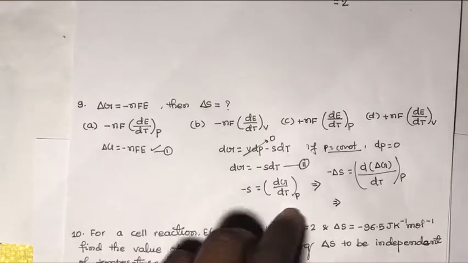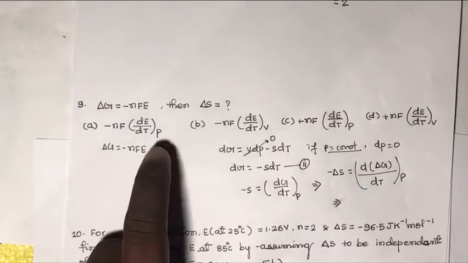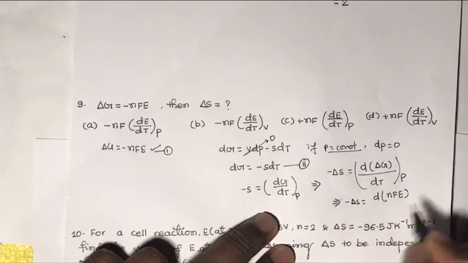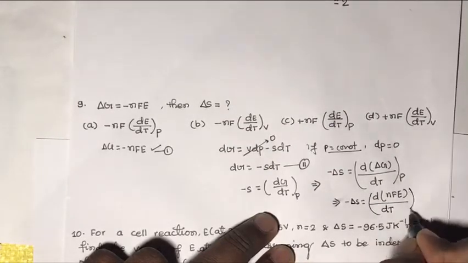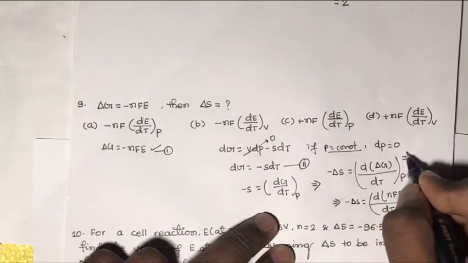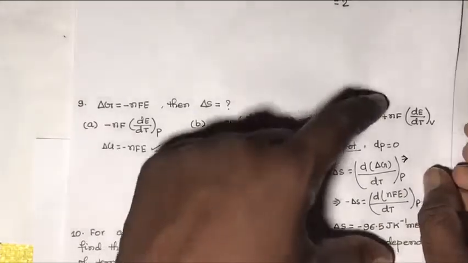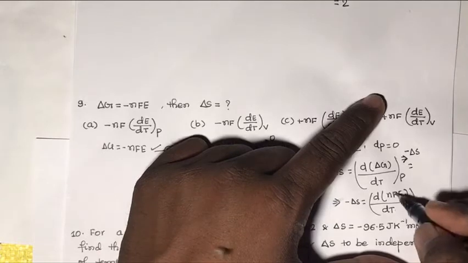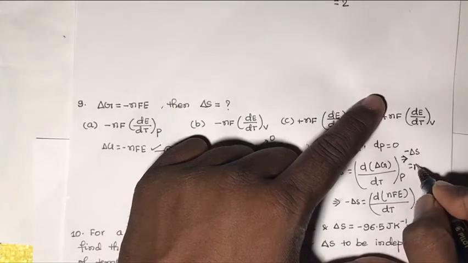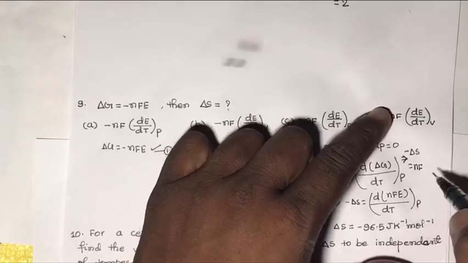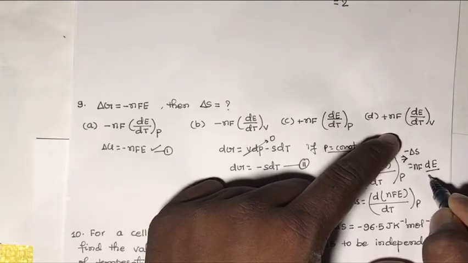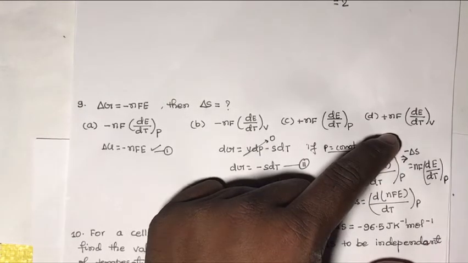Now the value of delta G from expression 1 is minus NFE, so minus delta S equal to d of NFE upon dT at constant pressure, and if we solve it, N and F are constant here, that is the number of moles of electrons exchanged and the Faraday constant, and this will be equal to dE upon dT at constant pressure.